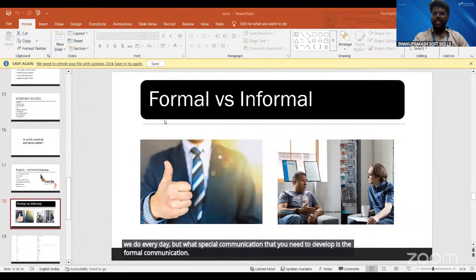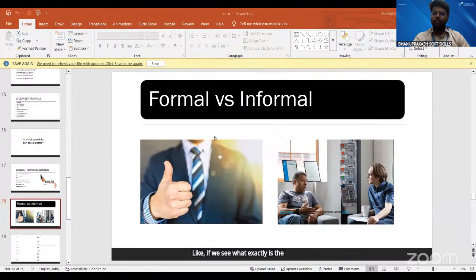Let's see what exactly is the difference between formal and informal here. Your mother tongue will be mostly Telugu, right? Every state has its own mother tongue. If you want to understand the exact difference between formal and informal, the best example you can take is a newspaper, like your regional, mother tongue newspaper.